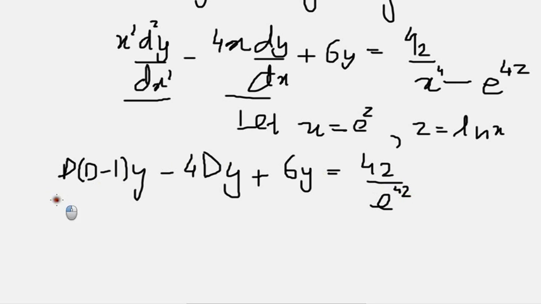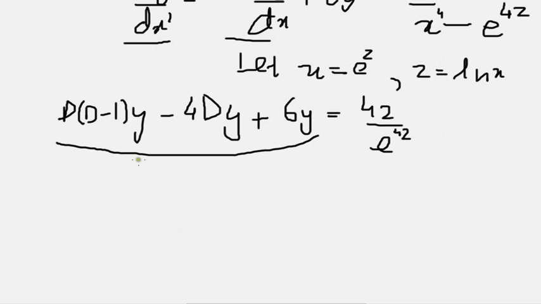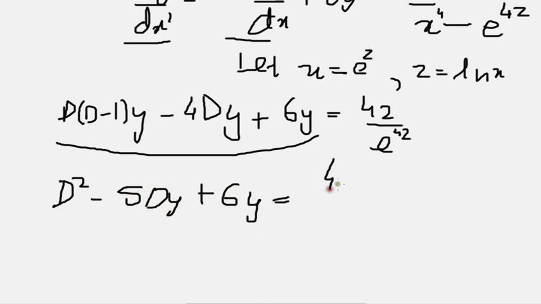So we can solve this equation by applying simple algebra. We will get D square minus 5D y plus 6y equals 42 into e to the power minus 4z.